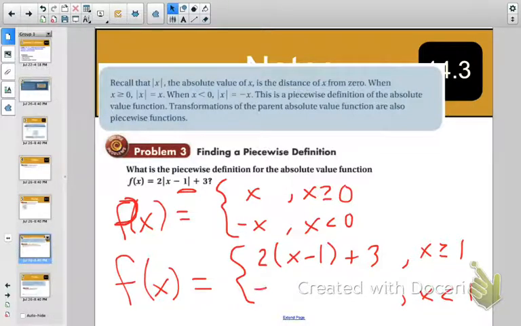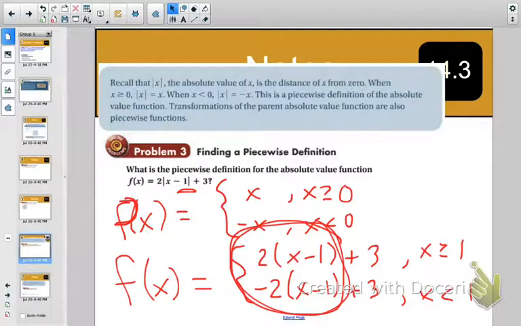So it becomes negative 2, x minus 1, still plus 3, so it shifts up 3 to meet with this function right here. And that's for when x is less than 1. So basically, you just change the sign on this part right here, and the plus 3, or whatever your vertical shift will be, doesn't change.